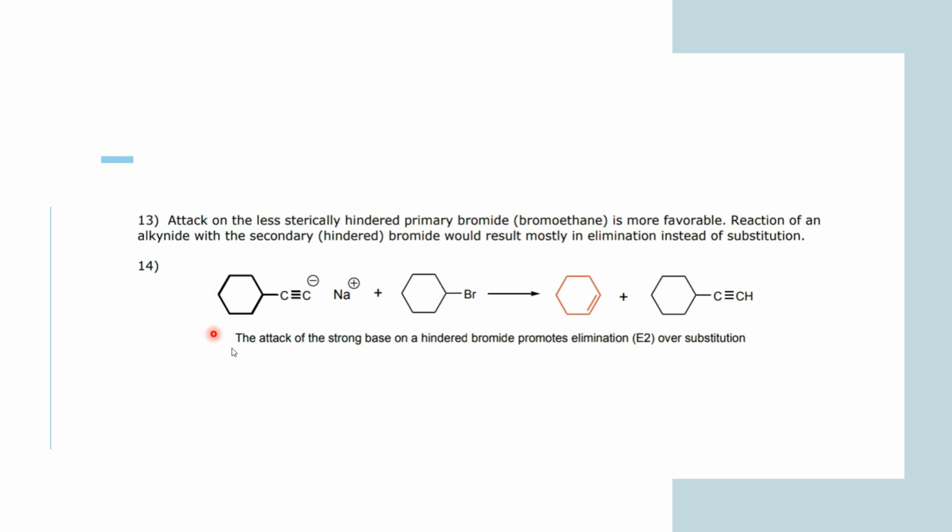Okay, we have a strong base here and we have the sterically hindered haloalkane. So E2 was preferred over substitution, and this was the major product formed.